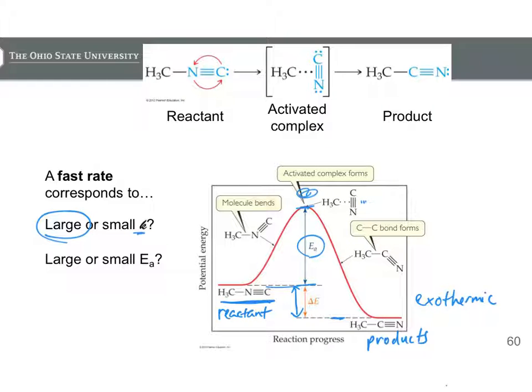Okay. Will that correspond to a large activation energy or a small activation energy? Small, yeah. That one's kind of easier to picture because if we're imagining having to go up the hill, okay, it's going to be faster to go up the short end of the hill than it is to go up the long end of the hill. Okay. So this is small E sub A, small activation energy.